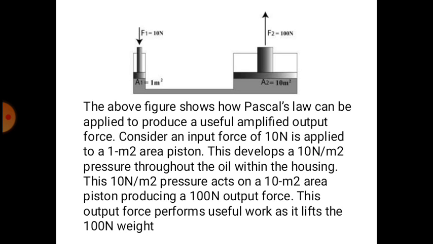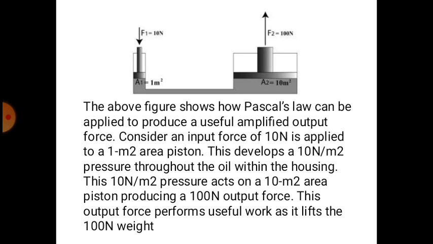The above figure shows how Pascal's law can be applied to produce a useful amplified output force. Consider an input force of 10 Newton applied to a 1 meter square area piston. This develops 10 Newton per meter square pressure throughout the oil within the housing, that is the confined fluid.